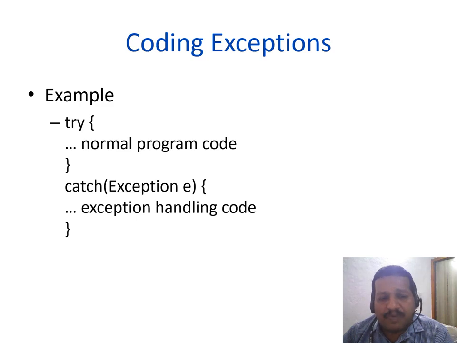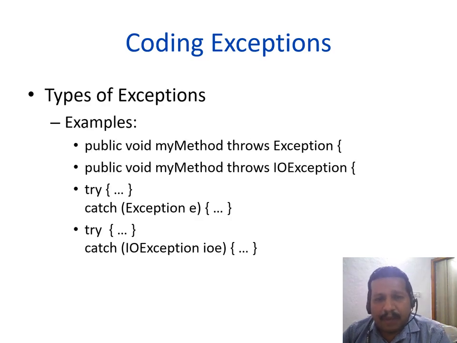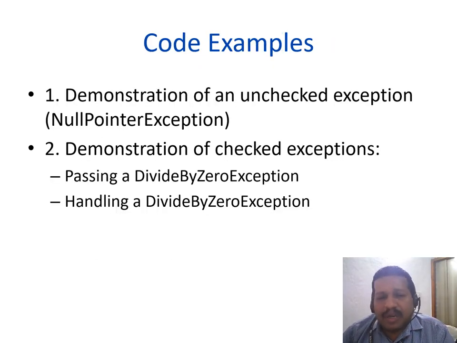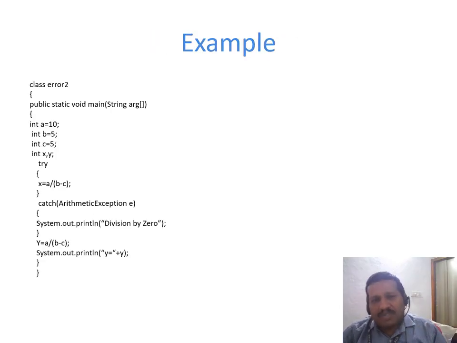We have many types of errors. You have IO exception, general exception, array index out of bounds exception, divide by 0 exception, and null pointer exception. So you have a lot of exception types. Okay, thank you.